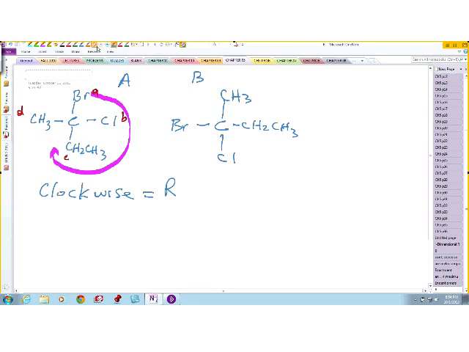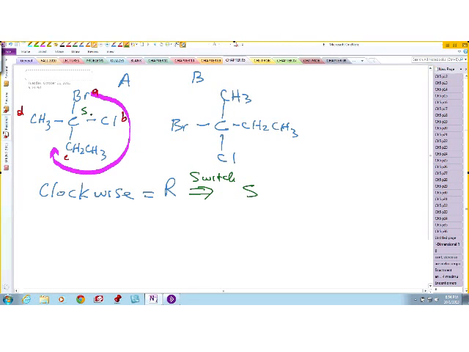In other words, even though this is R, you make a switch, because you are violating the rule. So actually this is supposed to be S, which is what we got before, the same molecule.